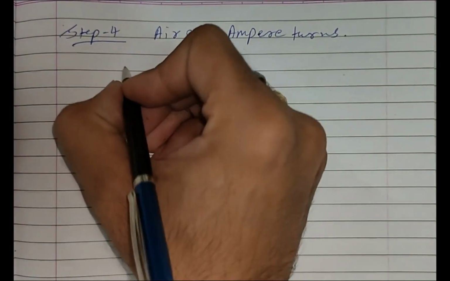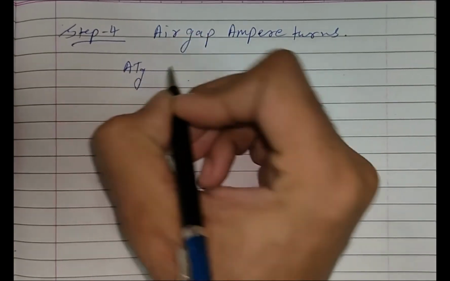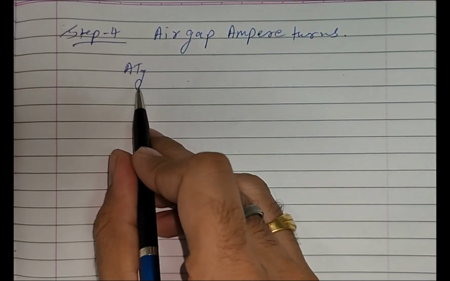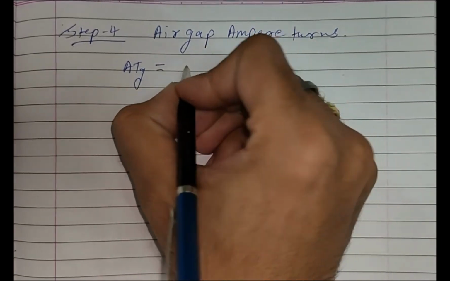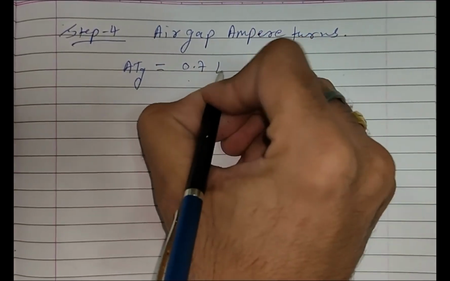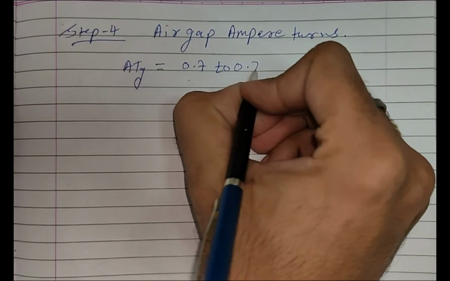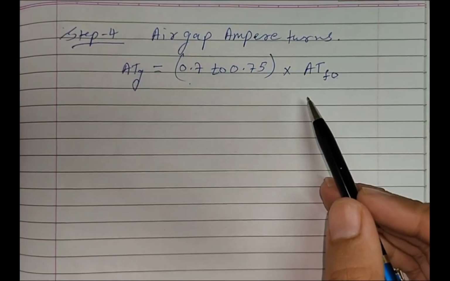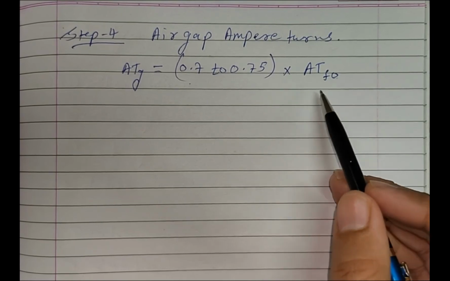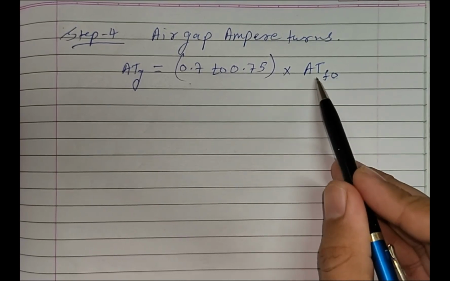So therefore the formula can be AT_g, that is air gap ampere turns, is equal to 0.7 to 0.75 multiplied with the no load field ampere turns.